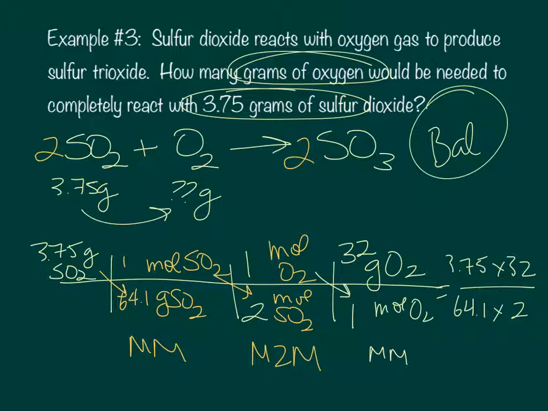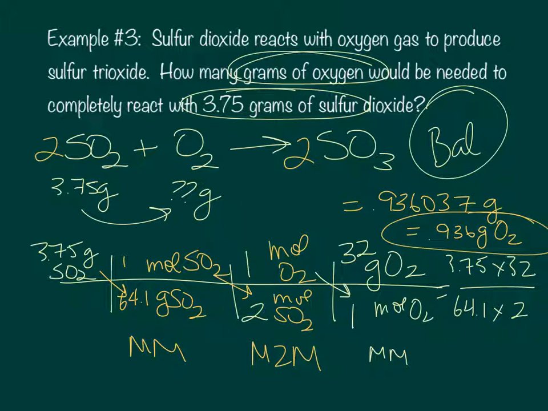And my answer was, I'll write it up here, 0.936037, and it kind of keeps going after that. So that would be grams of O2. Sig figs looks like we have 3 sig figs again, so 0.936 grams of O2 would be my final lovely answer. This is about as hard as it gets here.